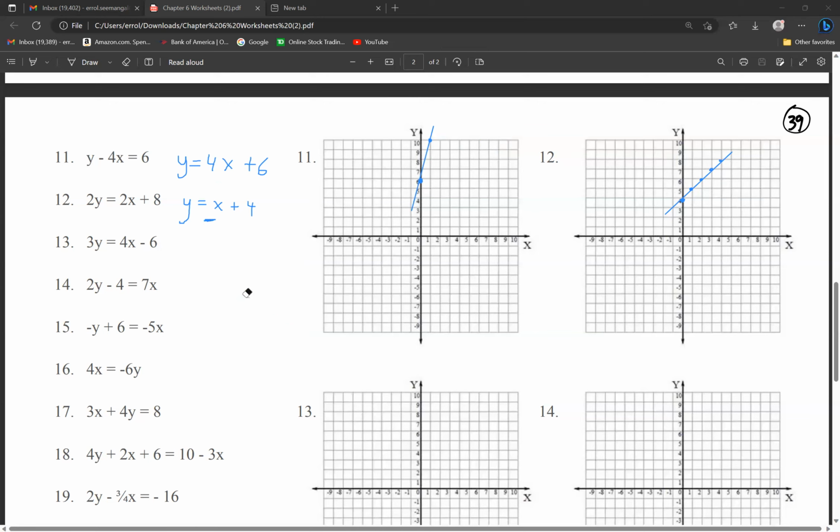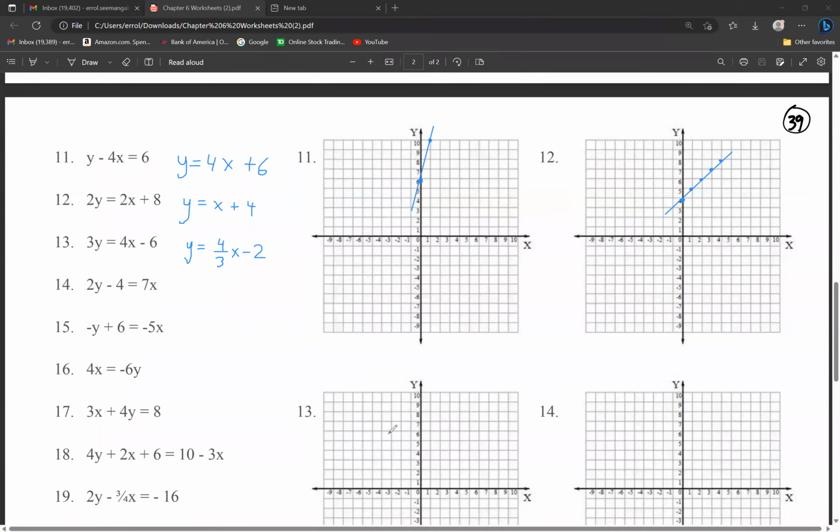All right. 13. What are we going to do to both sides? Divide by 3. So what does y equal? Y equals 4/3x minus what? What's 6 divided by 3? 2, exactly.